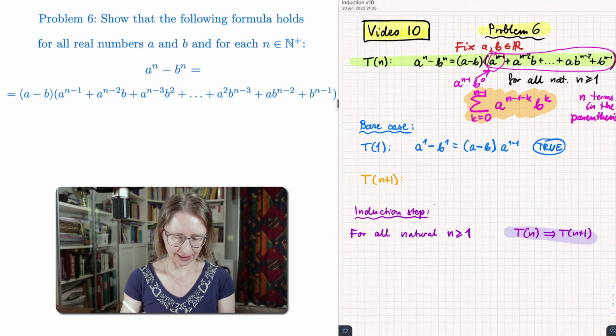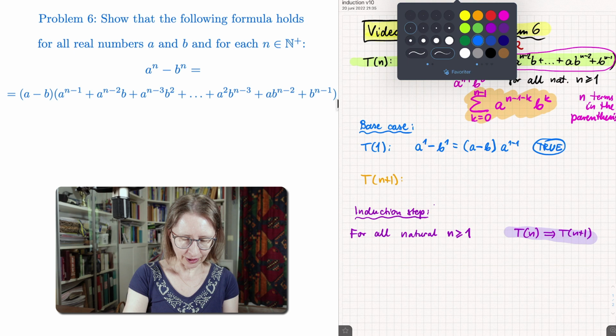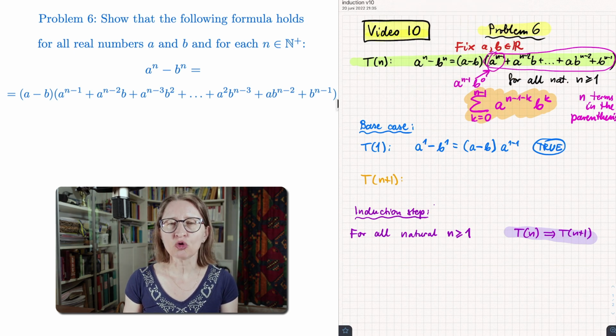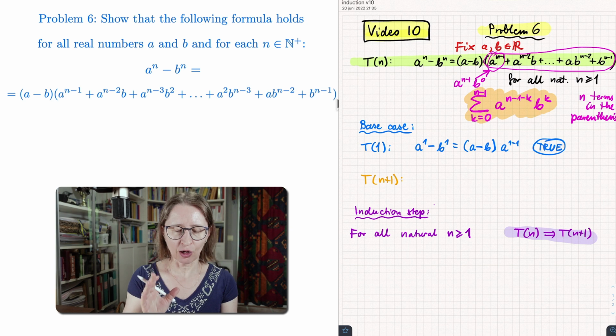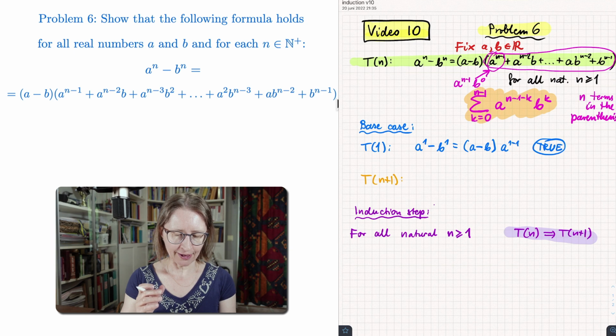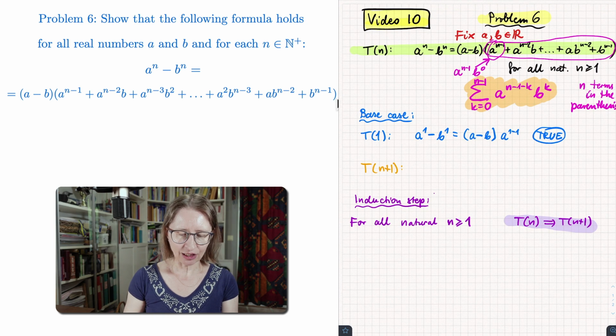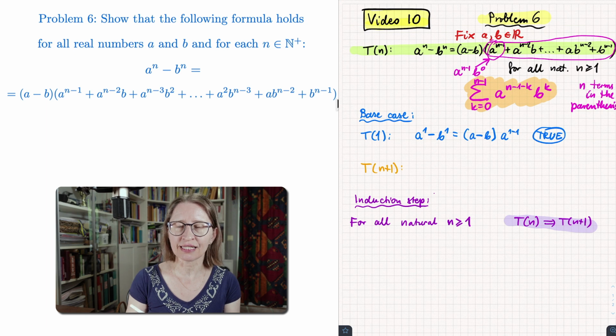So this is done, and now in this proof we fix our numbers a and b, and we perform induction for n. So a and b are fixed now, and we formulate the thesis for n plus 1. And what will it be?